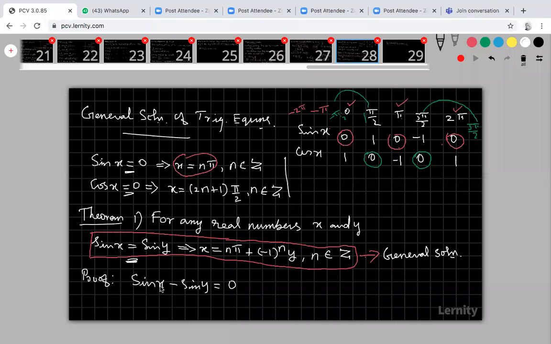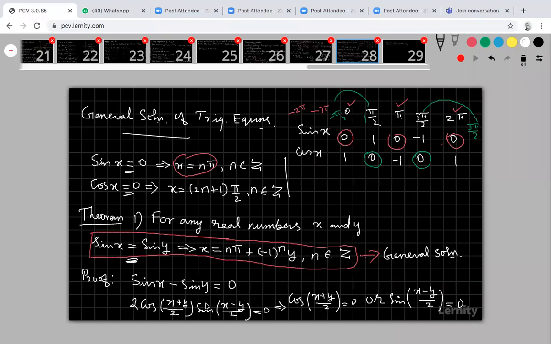In that, the sin x minus sin y identity formula gives 2 cos of (x plus y) by 2 sin of (x minus y) by 2 equal to 0.